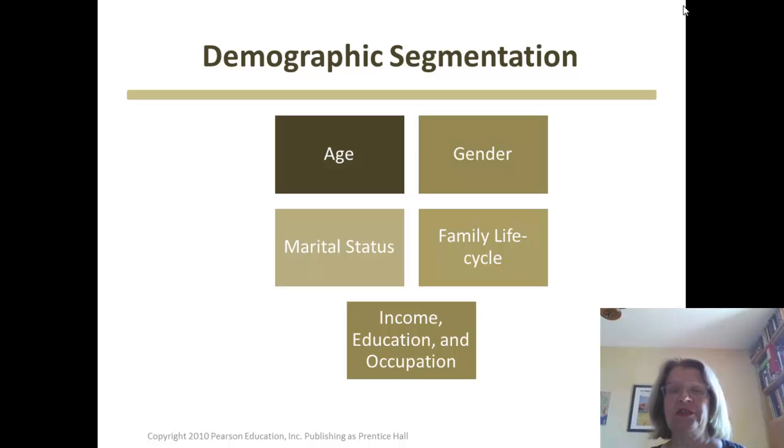Demographic segmentation consists of age, gender, marital status, family life cycle, income, education, and occupation. Demographics are the core of almost all segmentation because they are easy and logical.